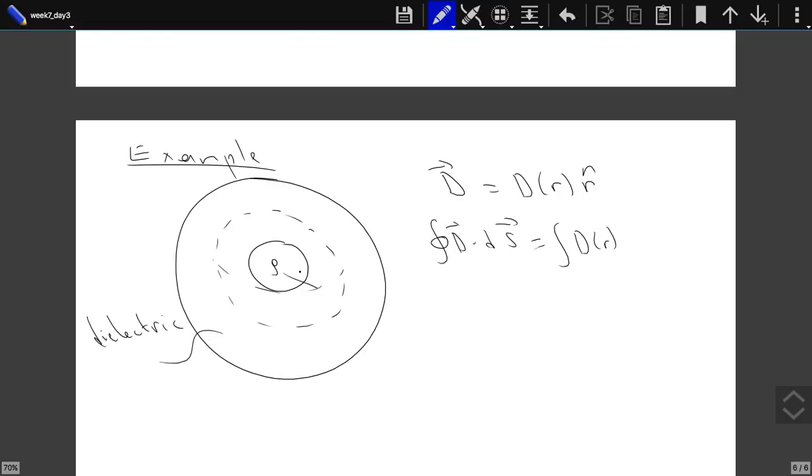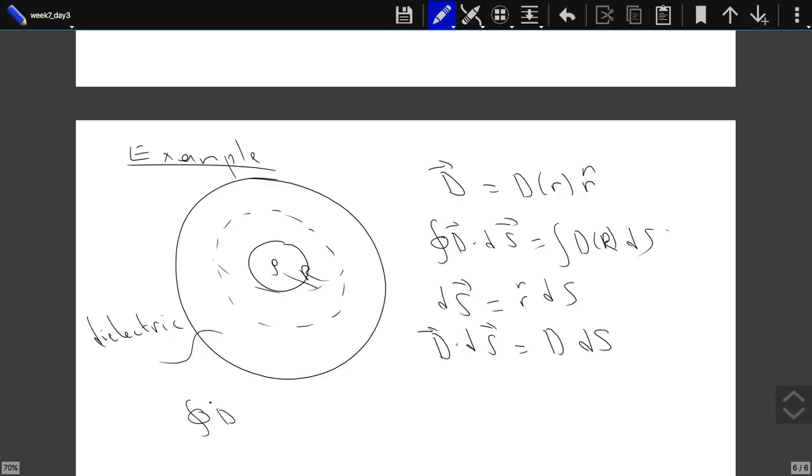D(r) times r squared dΩ, because dS is also radial. So D dot dS is nothing but the product of the radial components.